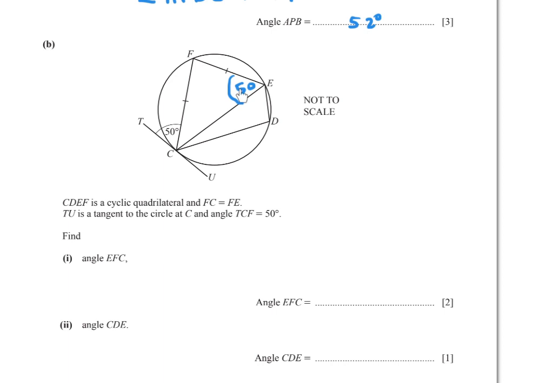Now this isosceles triangle has side equals side, so this angle equals that one, so this angle is 50. Now you can find angle F. Angle EFC equals 180 minus (50 plus 50), which equals 80.